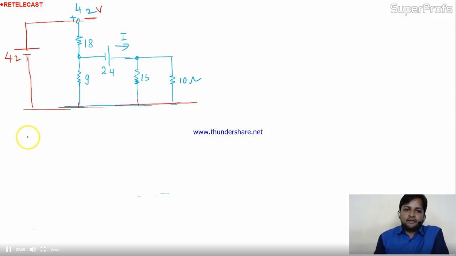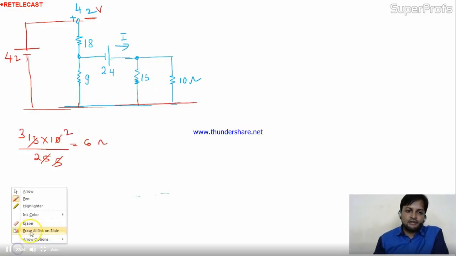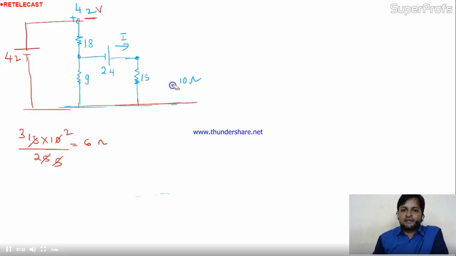So 15 into 10 divided by the summation 25, that is 150 by 25, which is nothing but 6. I can replace this branch by a 6 ohm resistance first. I'm just simplifying the circuit.